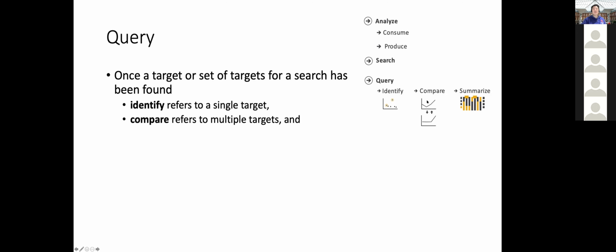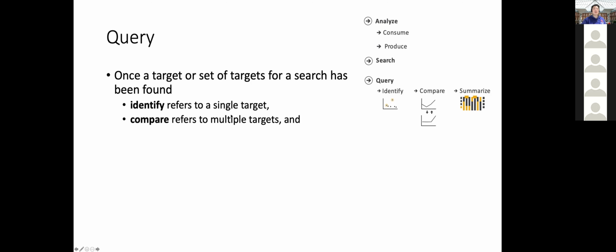Okay, and then compare, which relates to multiple targets, not a single one. Identify is usually a single one, but it could be more than one. In the sense that if you have outliers, it might be more than one outlier.